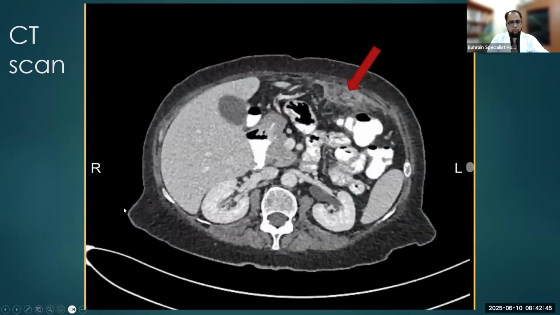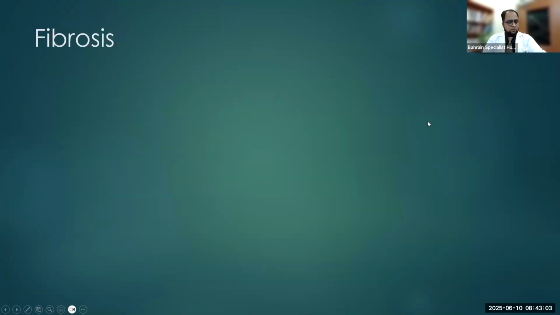And after evaluation with CT scan here, the contrast CT scan showed a suspicious infiltrating mass with irregular borders, which was pushing or enveloping the jejunum and the colon.